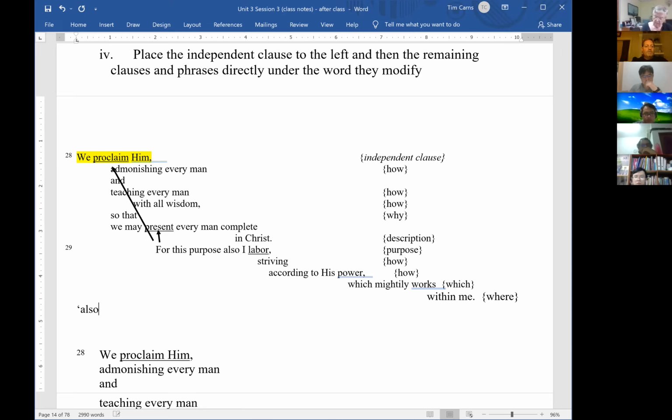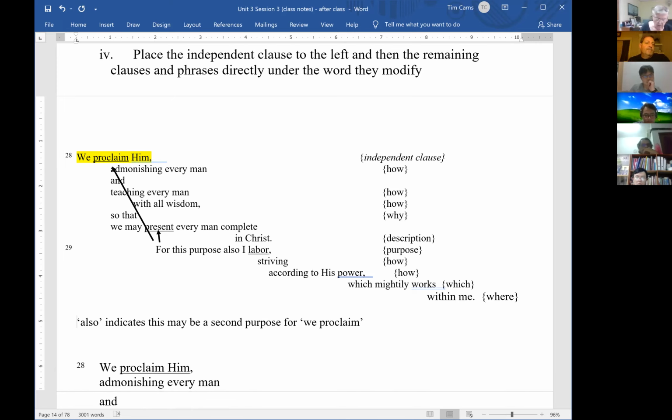And so also indicates this may be a second purpose for we proclaim. I think you make a very good case for that by noting that particular word there. All right. So you would have it over here, like Paul did before.